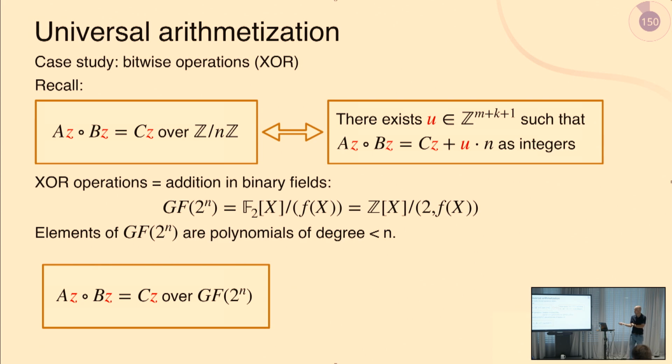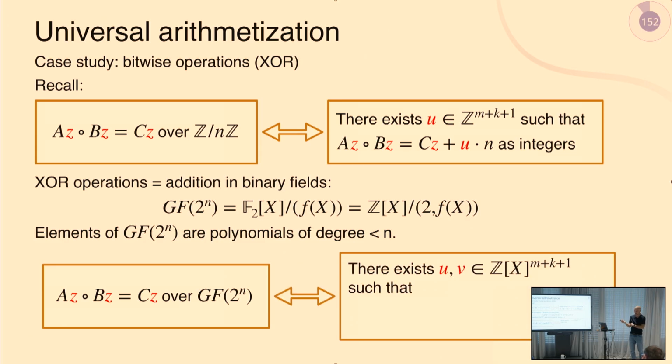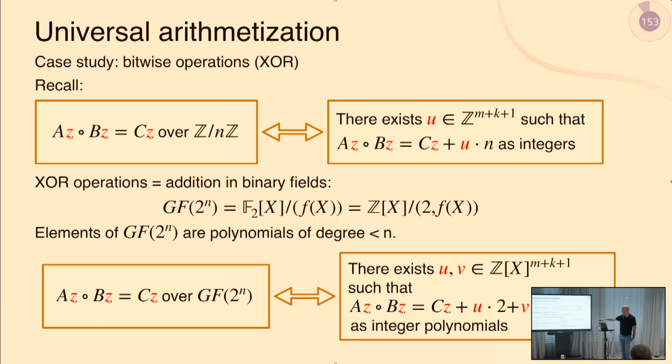So if we want to prove a constraint over a binary field, we could instead lift it to Z[x], with a similar idea as what we did for Z mod n. Instead of proving that the R1CS constraint holds over the binary field, we could prove that something like this holds over the ring Z[x].